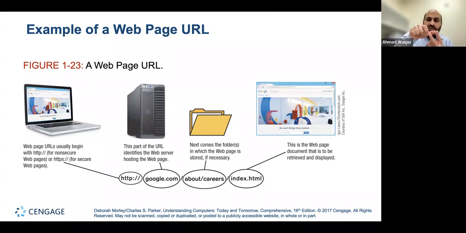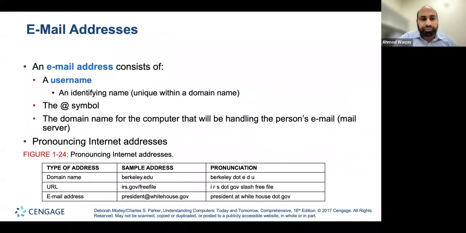It is mapped to an IP address of the Google server. /about/carrier are the folders where the web page is stored. What web page? Index.html. So the complete thing is called a URL, Uniform Resource Locator. It's a uniquely identifiable resource, and this is the complete structure of the URL.